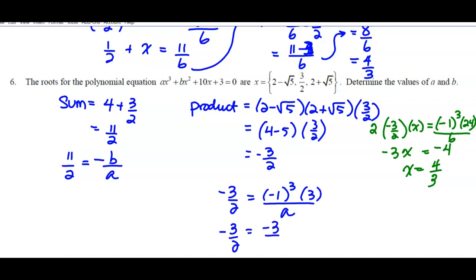So that's going to be negative 3 over A. So that's pretty straightforward.